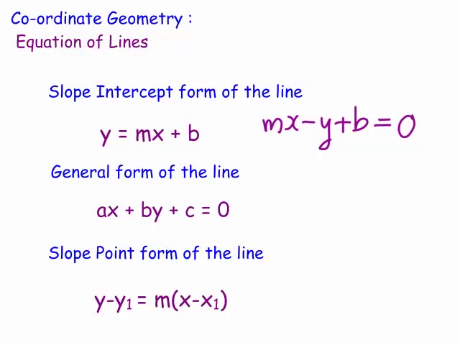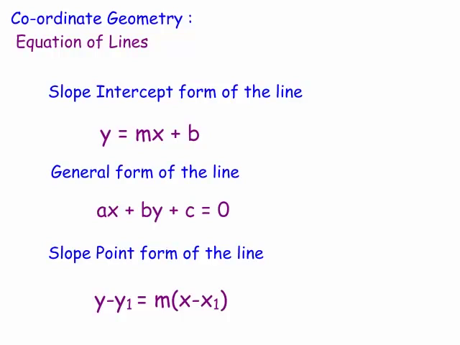Now, we don't normally do that. Sometimes the question may say, please give the equation of the line in general form, and if you do it as y equals mx plus b, you always have to do that sort of rearrangement, make it equal to 0.